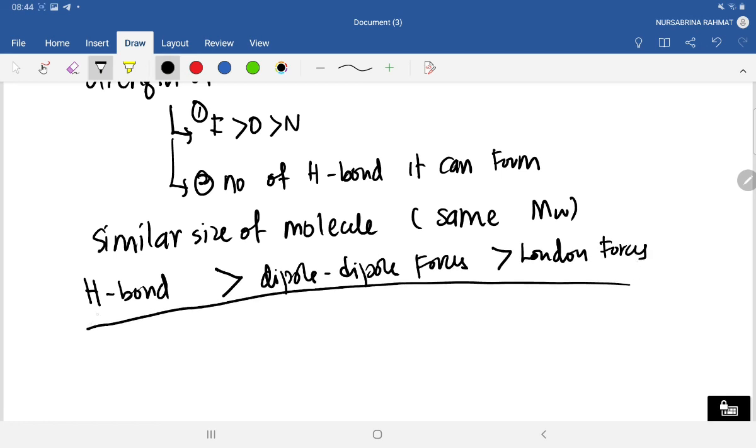So this one we label as increasing strength of IMF.